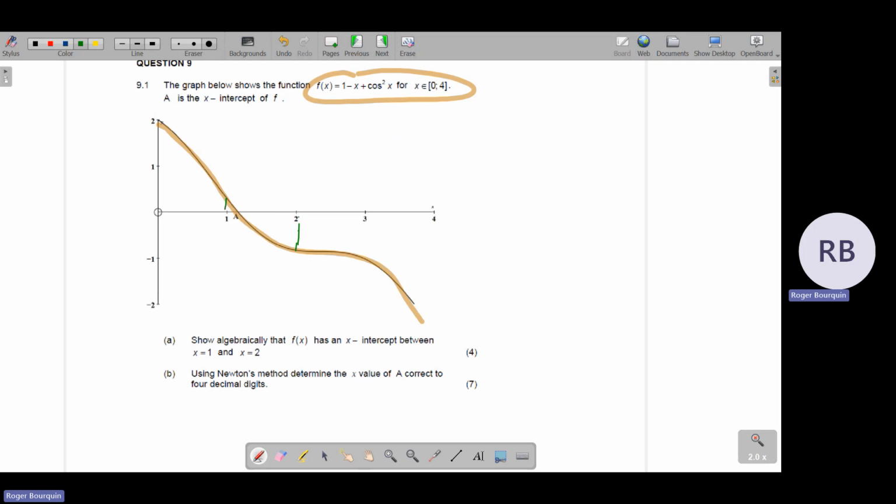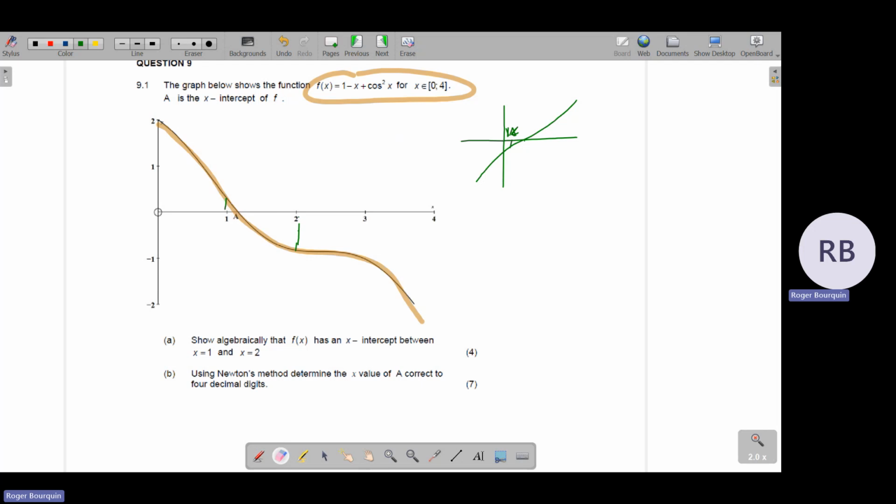Any question which says does it have a root in the interval, what you're going to do is take the lower boundary and the upper boundary. So if you wanted to show there's a root between x1 and x2, let's just do that again.